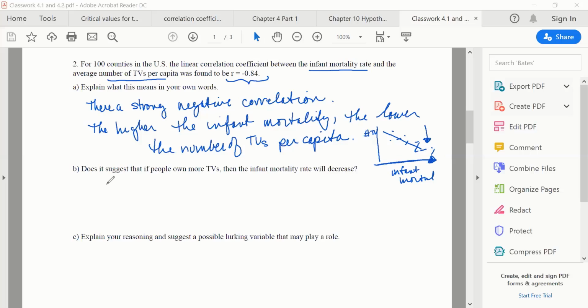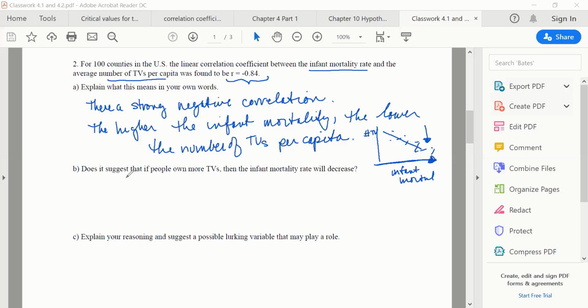Does this suggest that if we just buy people more TVs, then the infant mortality rate will decrease? So if we take a county that has a high infant mortality rate and buy everybody lots of TVs, do you think the infant mortality rate will go down? What a crazy statistic. Who even thinks of something as bizarre as this?